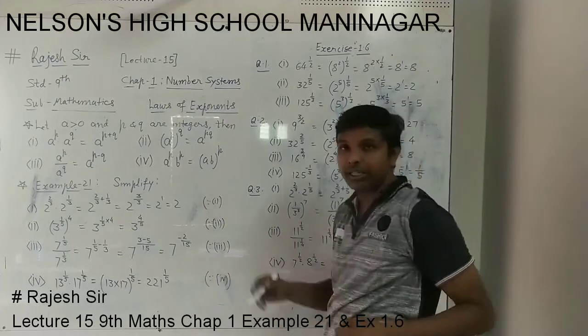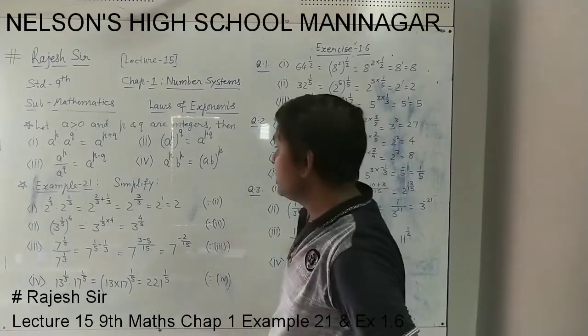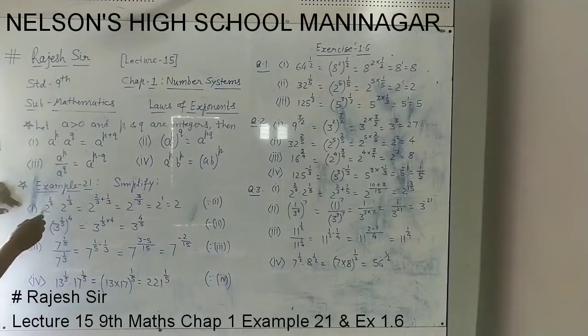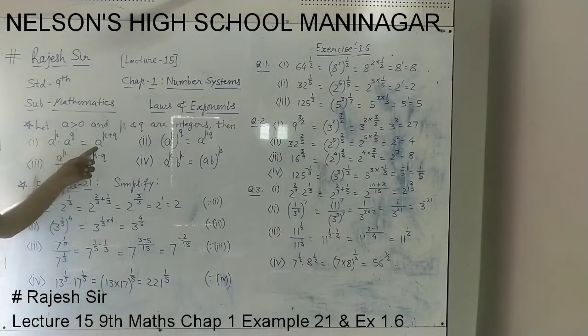Example 21 in our textbook. In that, what do we have? The first is 2 into 2 raised to 2 by 3 into 2 raised to 1 by 3. This is the same as the first law given. Bases are the same, powers are different. What do we have to do? The base 2 is common and the powers should be added, a raised to p plus q.